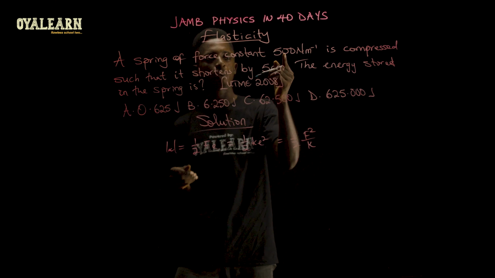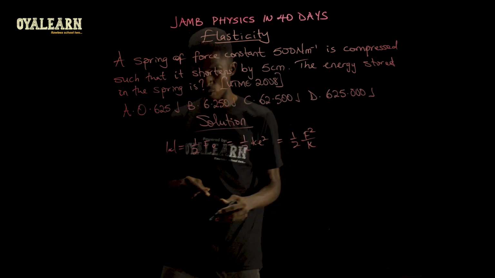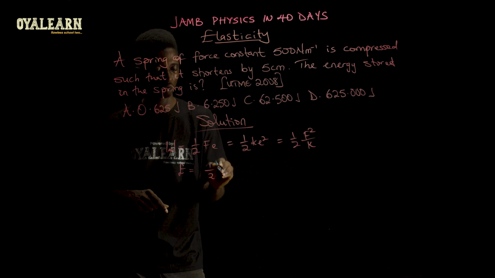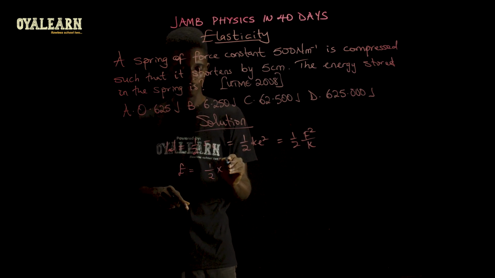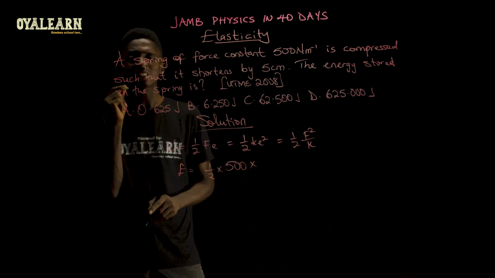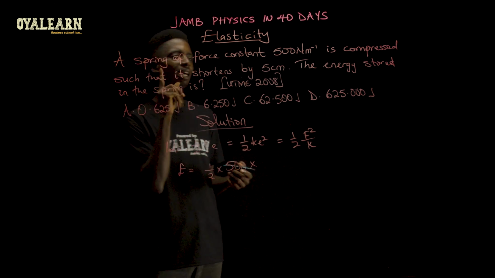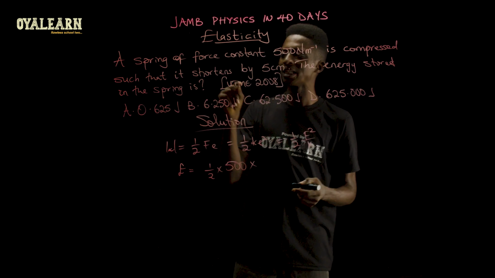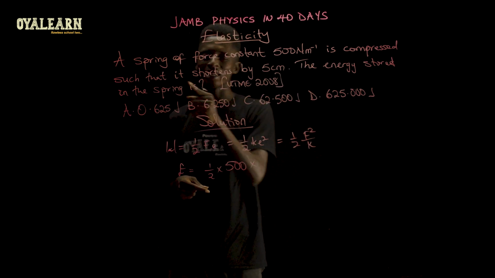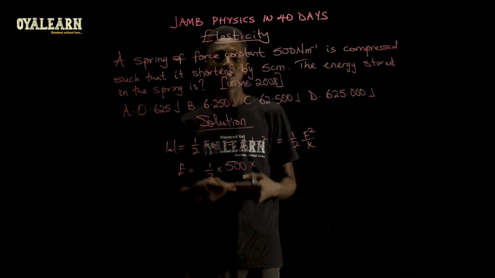So in this case, we just have to apply the one that works for this question. Since we have the spring constant k and we have the extension e, we're going to use half ke squared. So the energy would be 1 over 2 multiplied by k, which is 500 newton per meter, multiplied by extension. Now, this is something you need to always know: when you're solving problems in physics, you have to be very careful about the SI units provided. In this case, we have newton per meter, and extension is given in centimeters, so they have to be in the same unit for this to work.